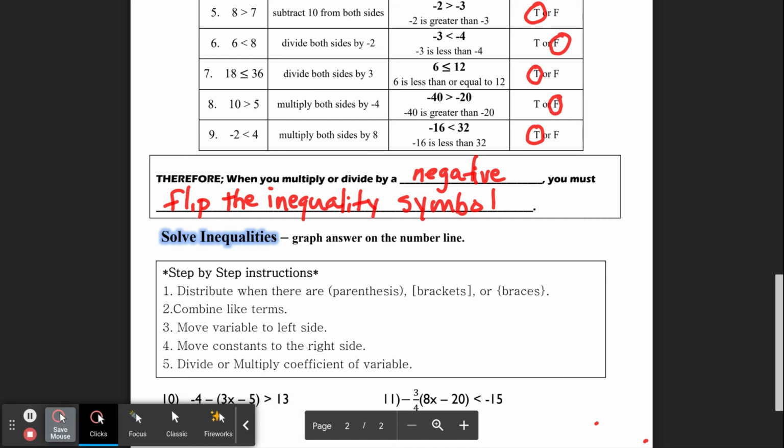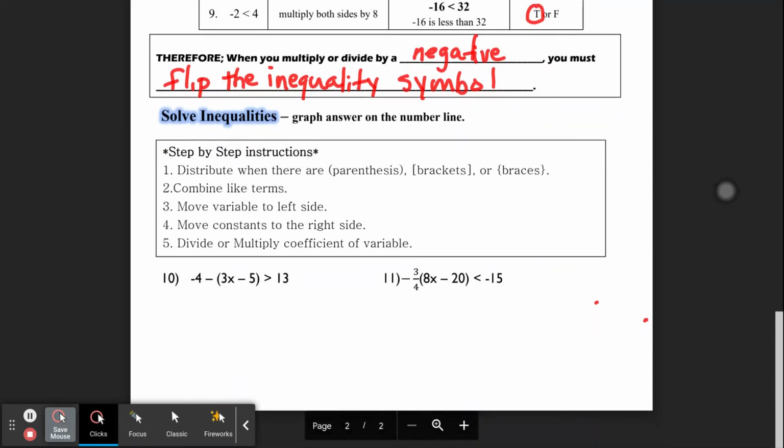So what we're going to do is practice solving some of the inequalities, and we're going to see if we need to flip the inequality symbol after we solve it.